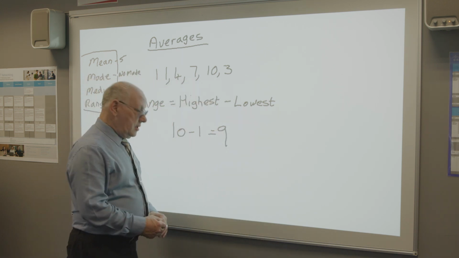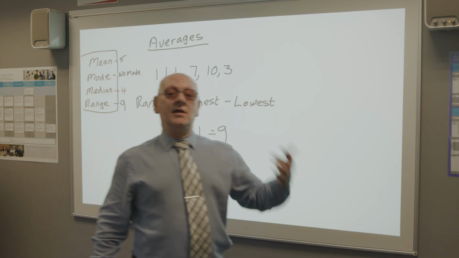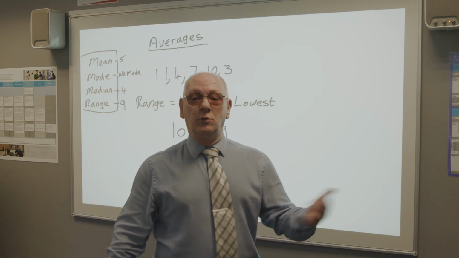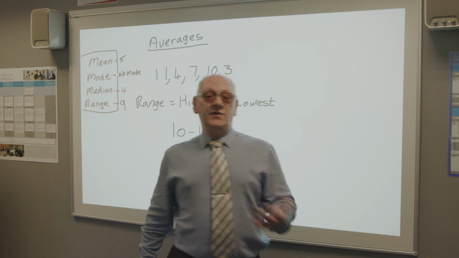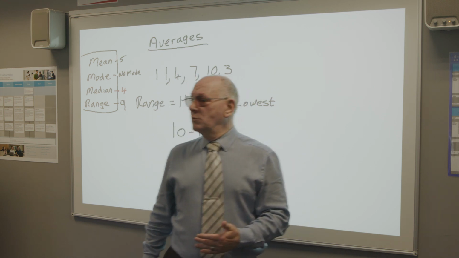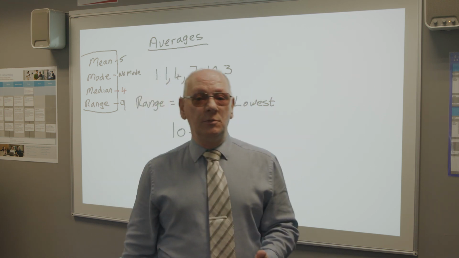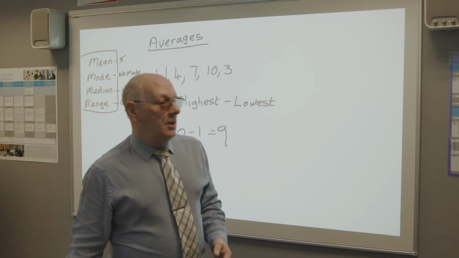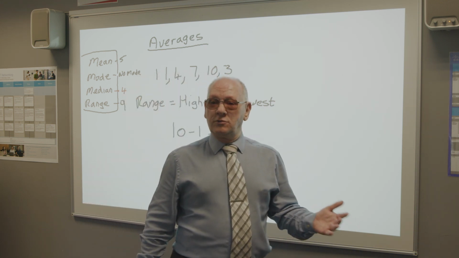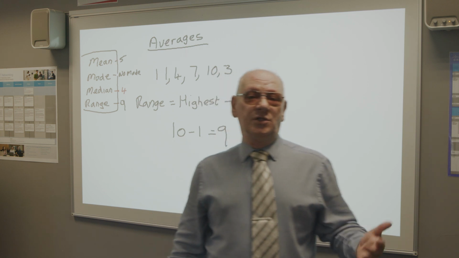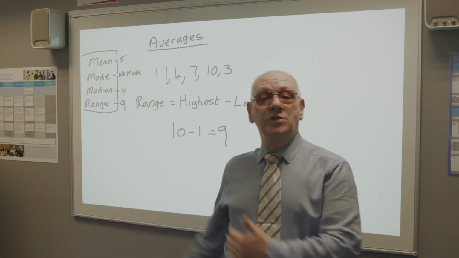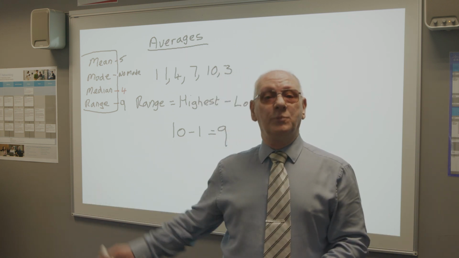averages. Very often you'll hear, let's say, a Labour candidate come out and say, according to our figures, the average unemployment numbers in the country have dropped by this much. A Conservative will come out saying, actually, he's telling lies, according to our figures, the average has gone up.